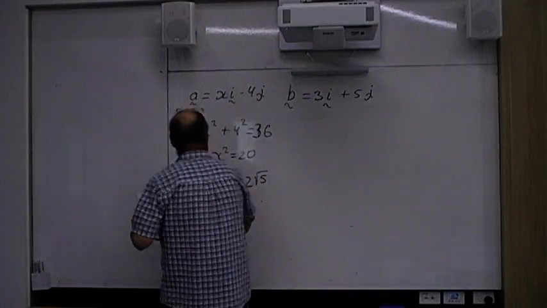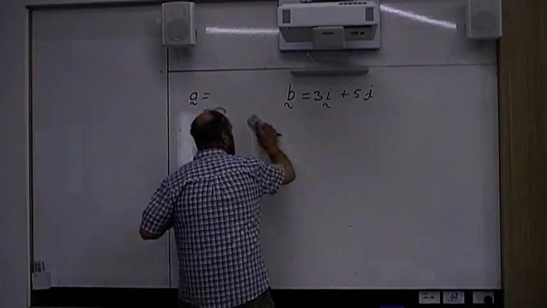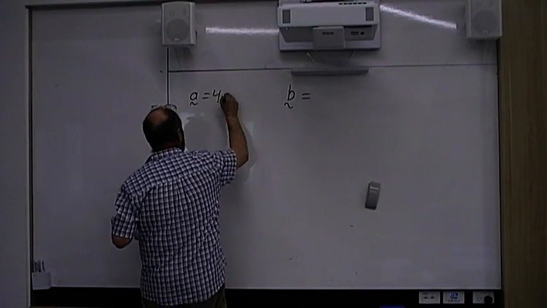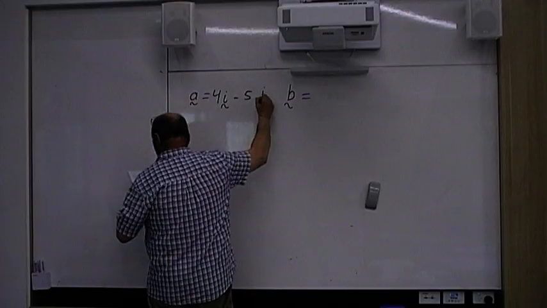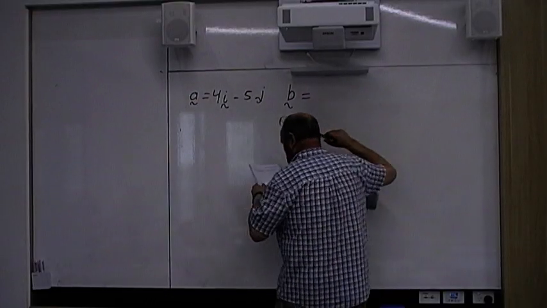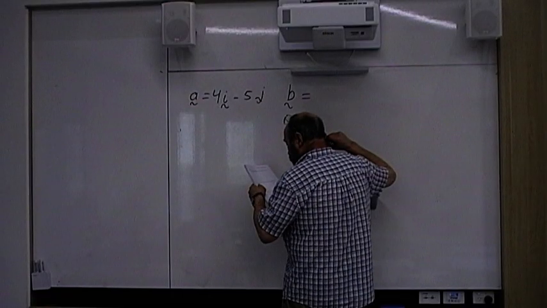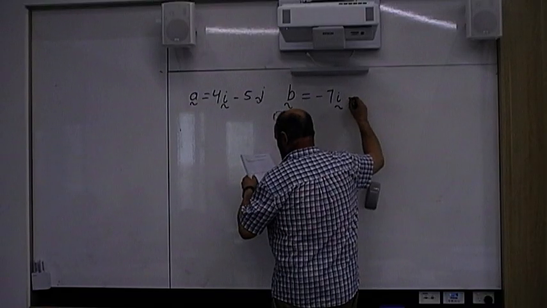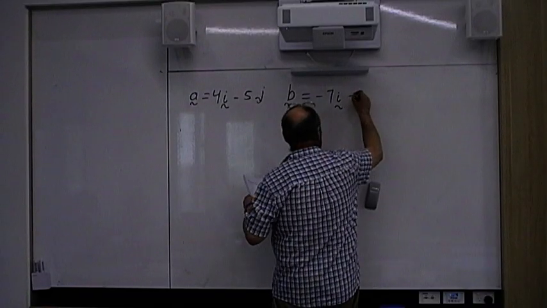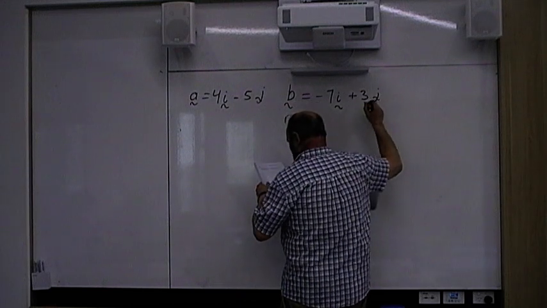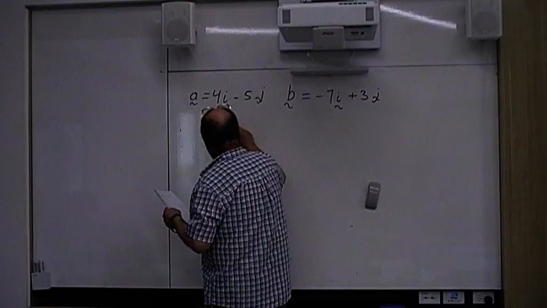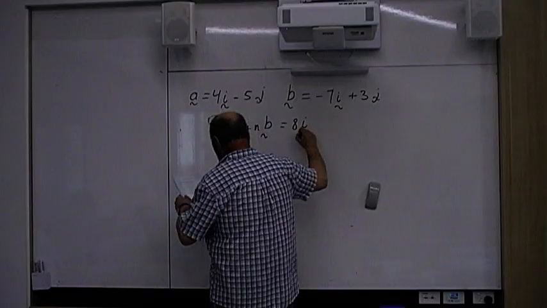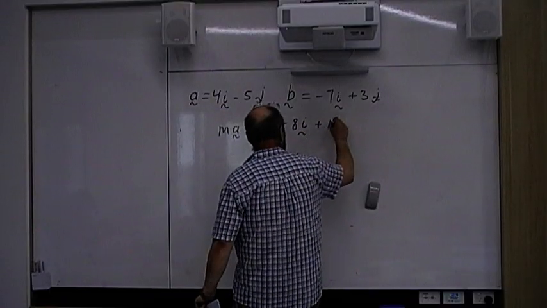We have vector A equals 4i minus 5j, vector B equals minus 7i plus 3j, and we have mA plus nB equals 8i plus 13j.